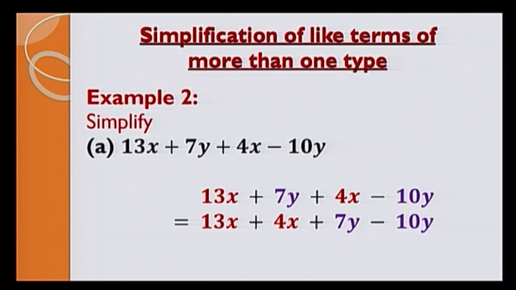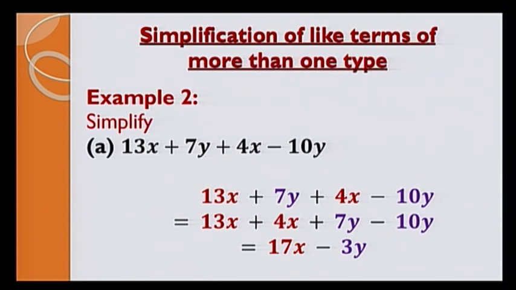And then we have 7y and minus 10y, which are the second type of like terms, so we group them together. Now, simplifying this expression, we are going to get 17x minus 3y.